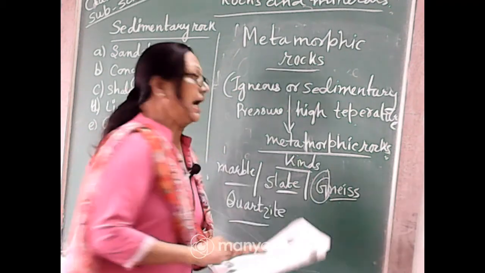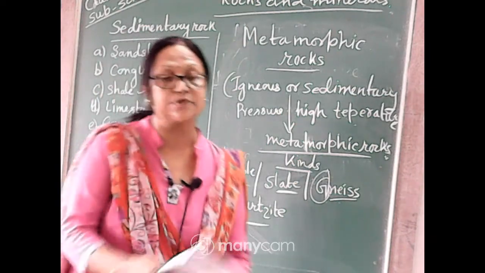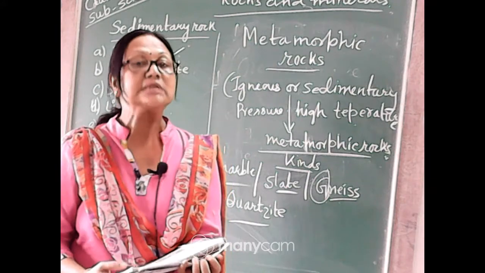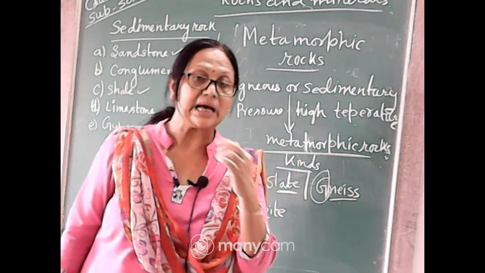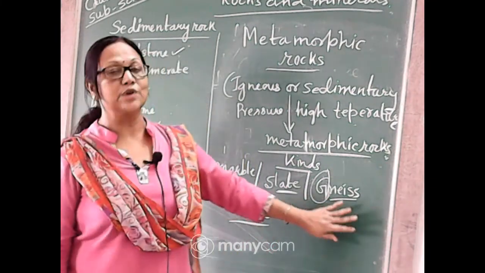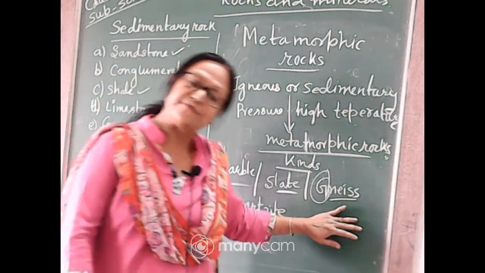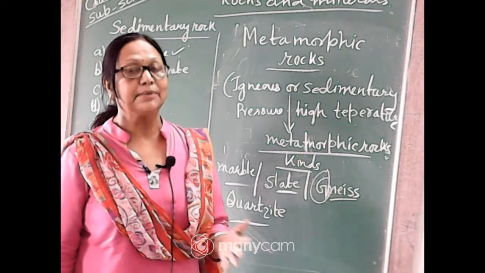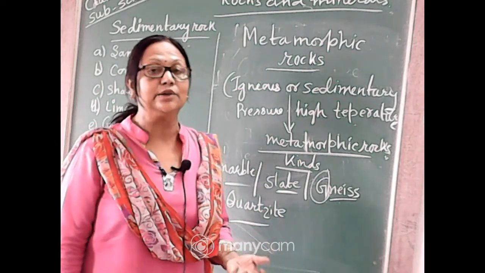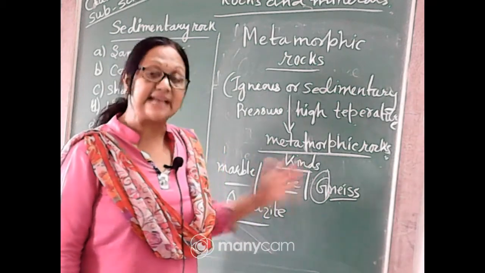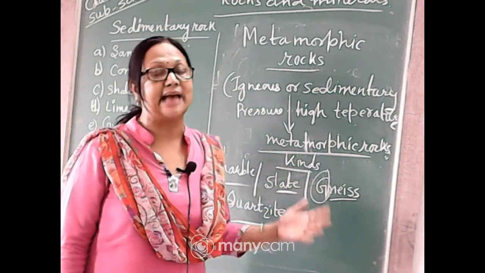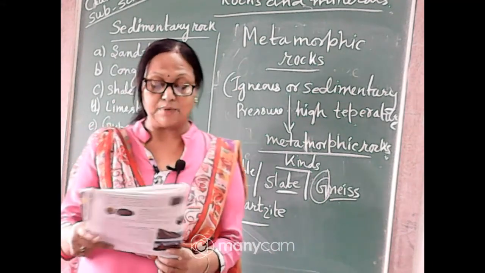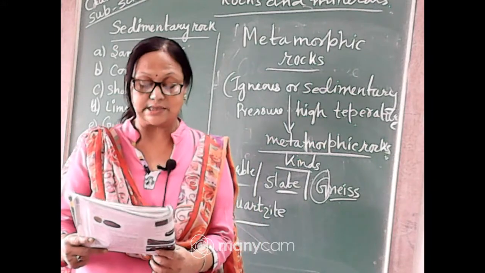So these are all newly formed rocks. A few of them are changed from sedimentary rocks and a few are changed from igneous rock. Their formation is due to igneous rock or sedimentary rock, but due to the capture of heat and excessive pressure, they change chemically, their texture changes, their characters change, and they form metamorphic rock. It is given here: metamorphic rocks are formed from igneous or sedimentary rocks.